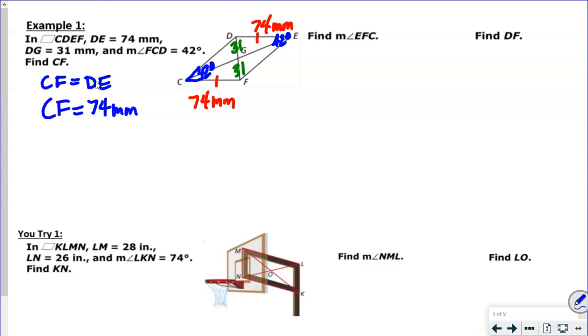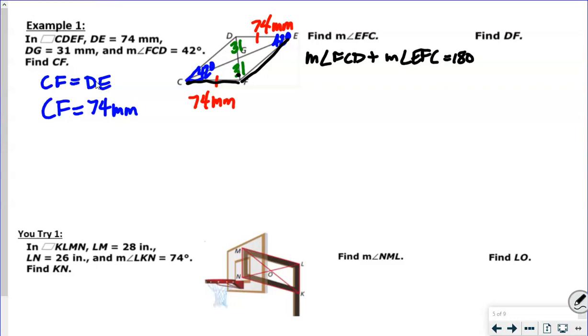All right, then it says find the measure of angle EFC. And EFC, let's see if we can find angle EFC. EFC is this angle right here, okay? So what you should notice is it's not the angle that we were given. We were given the angle FCD. But if we were to add the angle of FCD to the measure of angle EFC, then that should equal 180, okay?